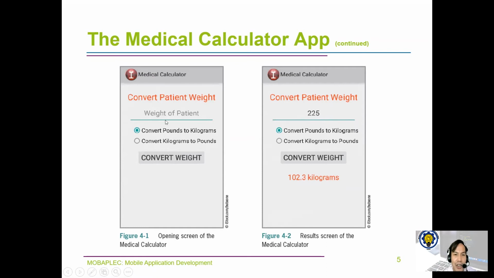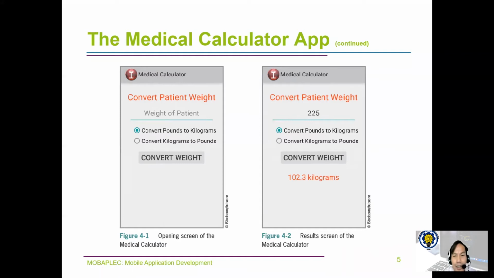There's a radio button here, convert pounds to kilograms and convert kilograms to pounds, then convert weight. As in figure 4-2, the result on the screen of the medical calc: if 225 pounds is converted to kilograms, the answer will be 102.3 kilograms.